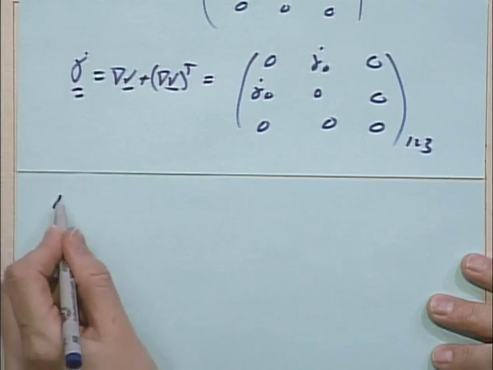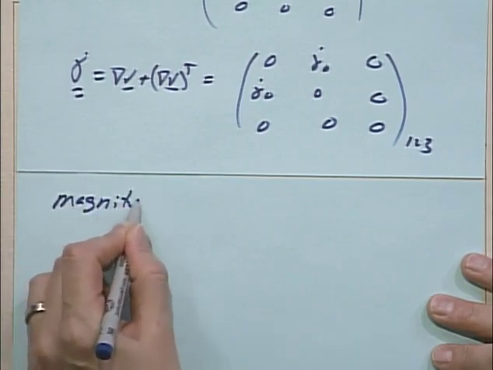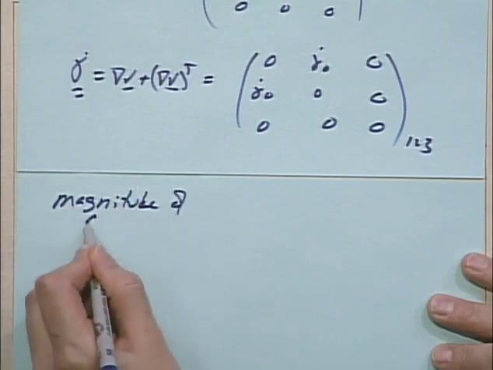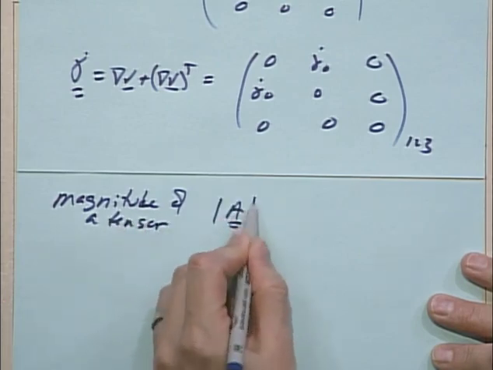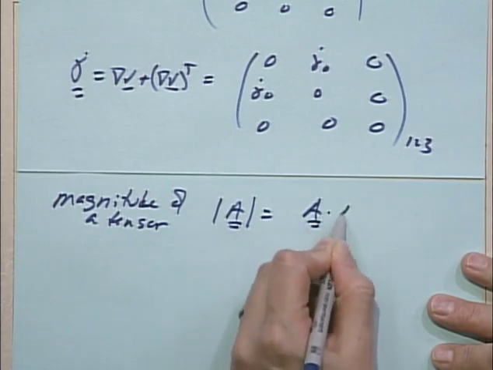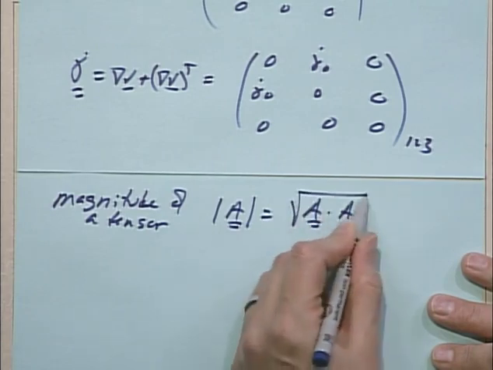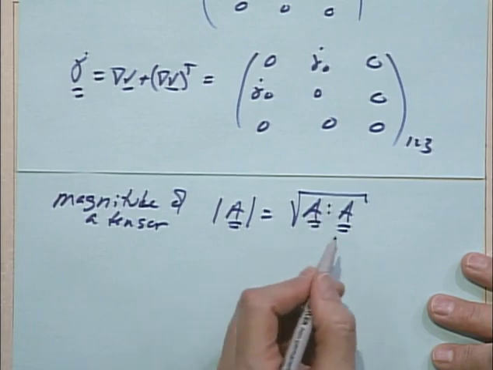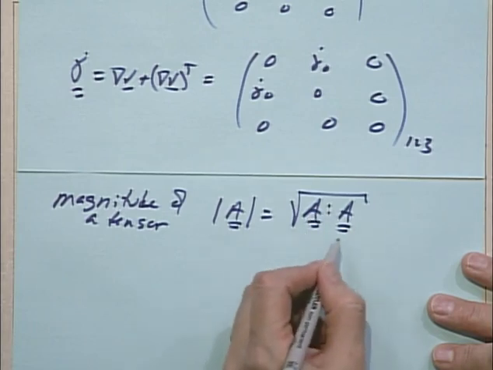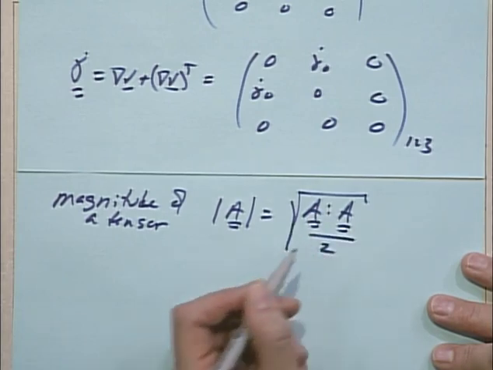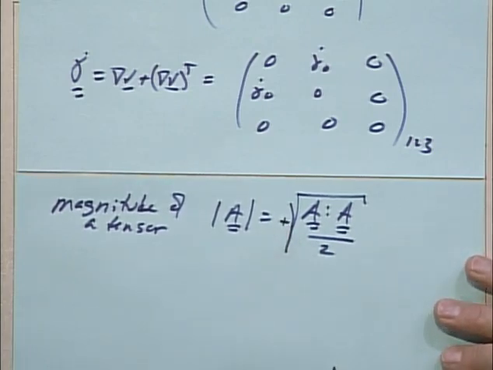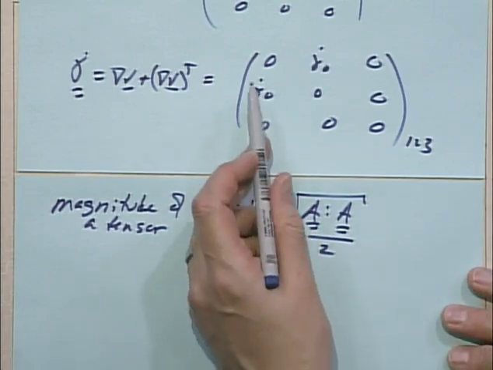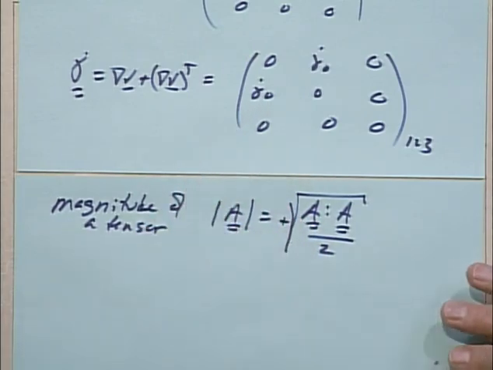The magnitude of a tensor is defined as the square root of A double dot A over 2. This is a positive quantity, and this is why we use the magnitude of a tensor, because the shear rate can be positive or negative in shear flow, and we want a positive quantity.